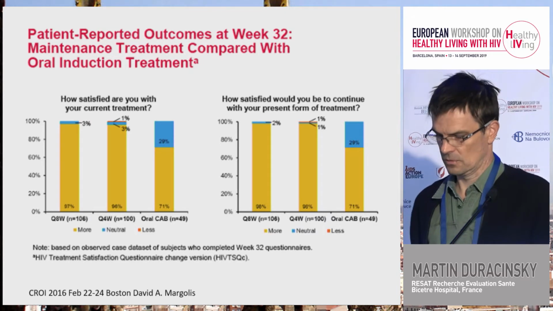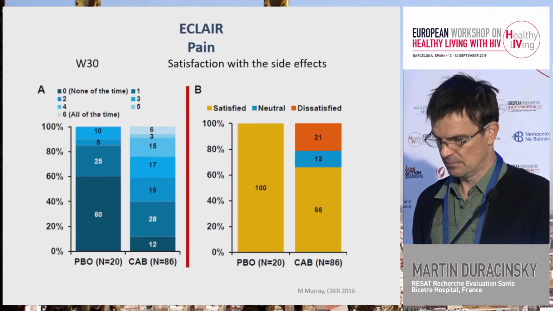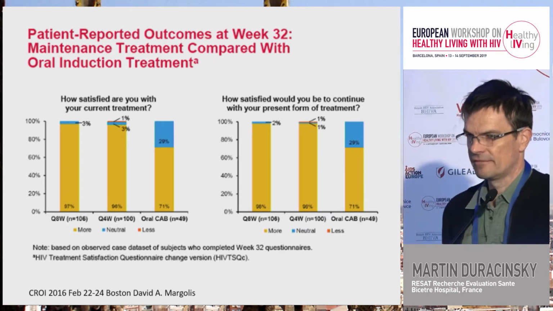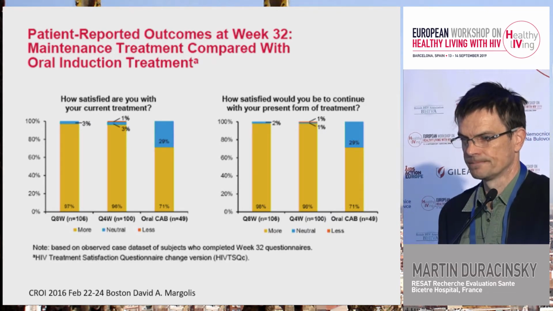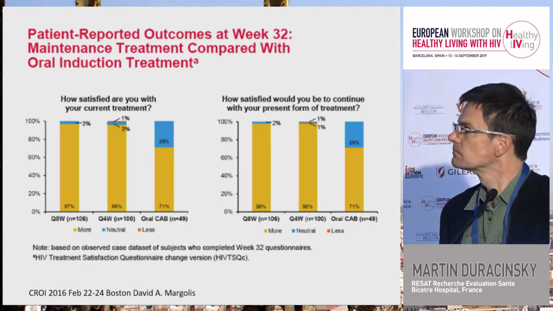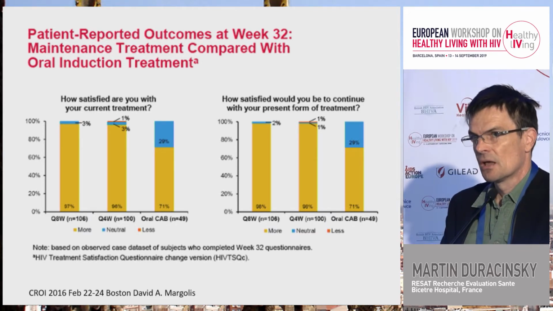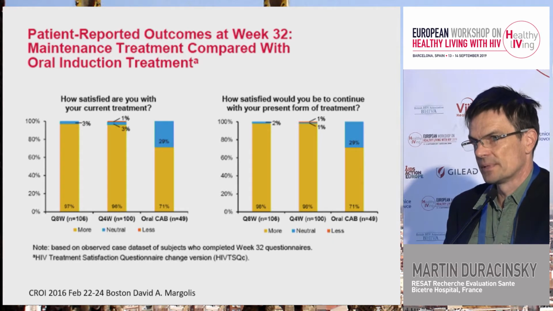Here you have some results from Eclair, and we have a lot of satisfaction questionnaires. Satisfaction is not always the best way to measure patient perception, because already you will choose for your study the patients who want to go to this strategy.